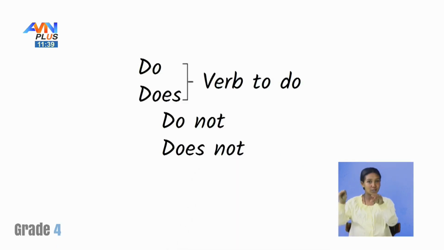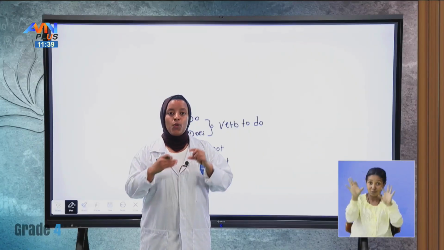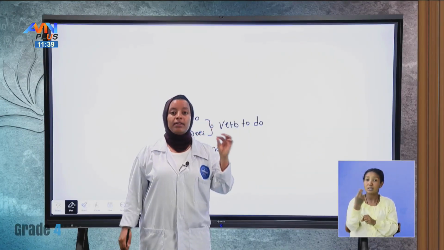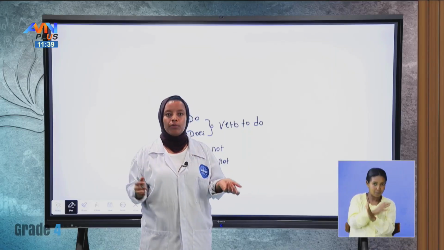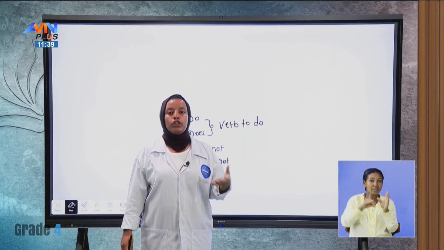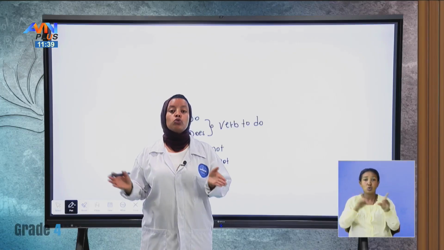Students, don't forget, when we come to question or interrogative form, we use do and does in the first part of the sentence, for example, does she like apple? Do they go to school?